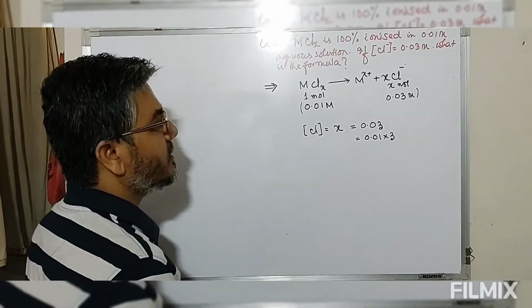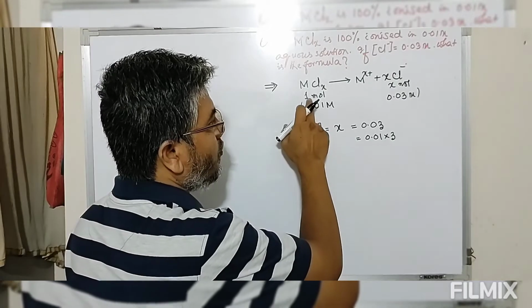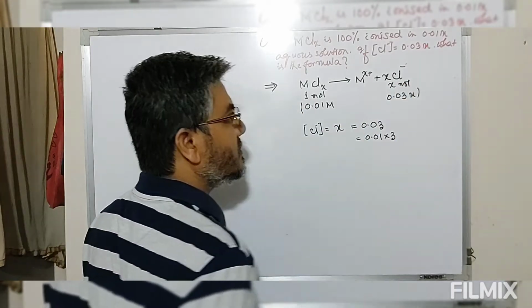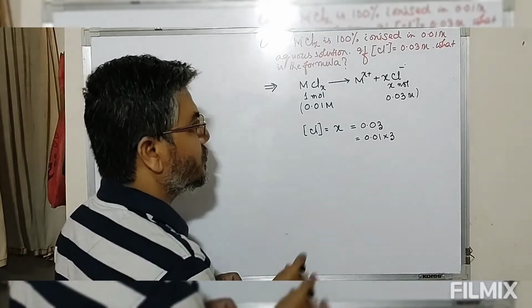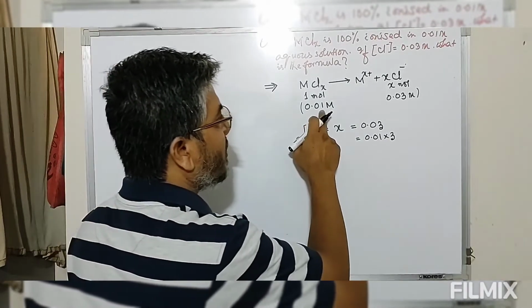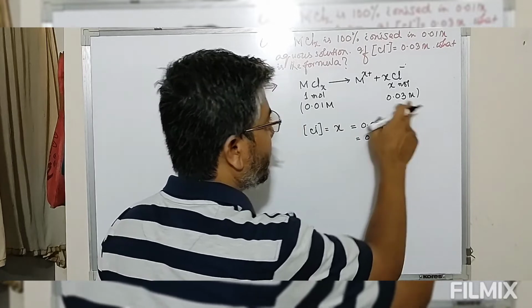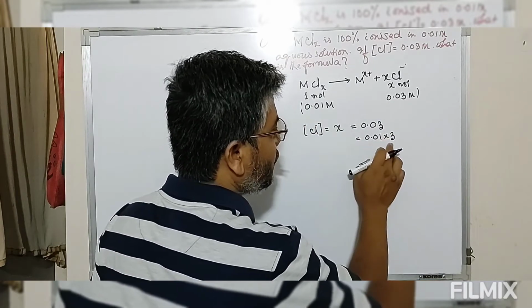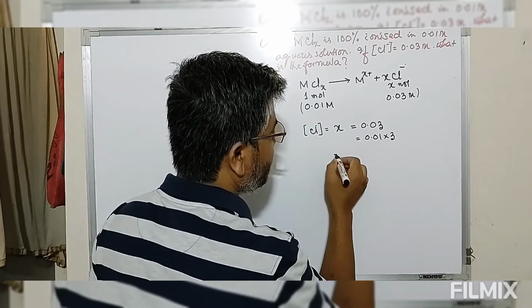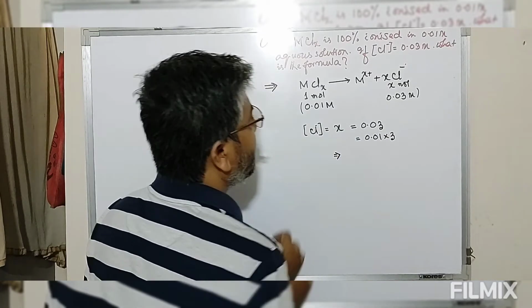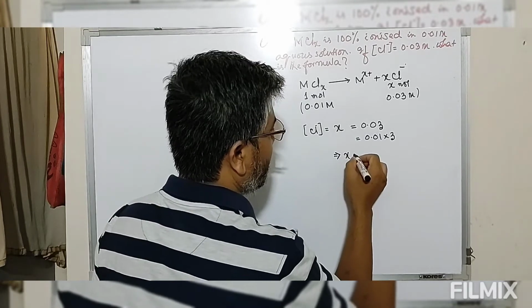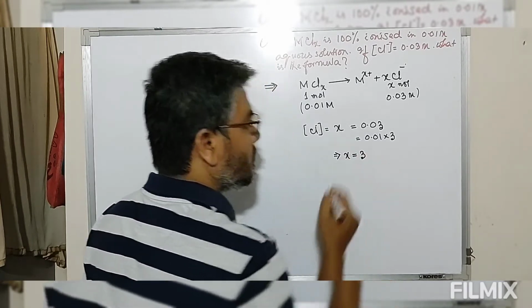If I am saying 1 mole of this compound gives you X moles of Cl minus, and the question clearly says 0.01 mole gives you 0.03, then it is 0.01 into 3. Therefore the value of X will be 3.